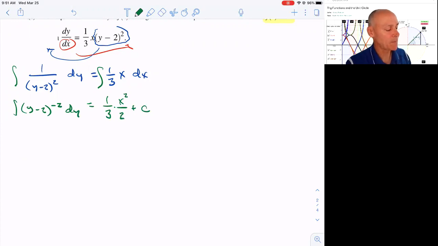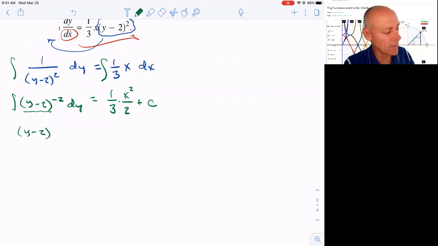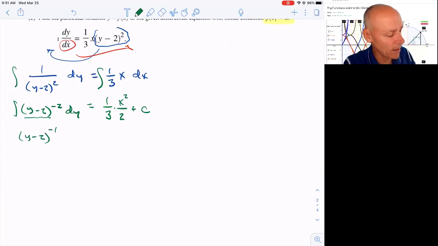Okay, now when I go to integrate this, and now I am finding the antiderivative of this, this is just going to be the quantity y minus 2. I'm going to add 1 to the exponent. So that's going to give me negative 2 plus 1 is negative 1. And then I'm immediately going to divide by my new exponent, negative 1.